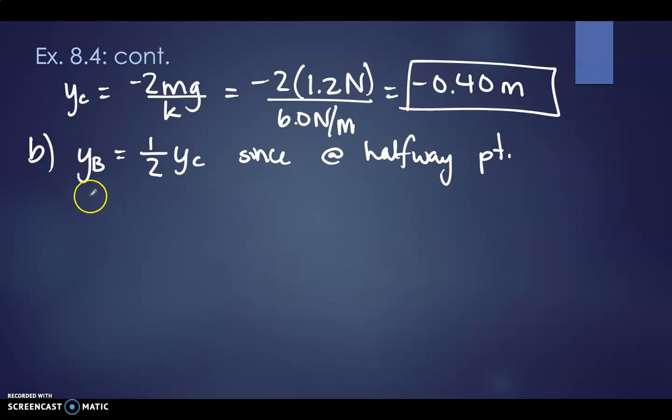So now what we'll have is u sub b. Since we're looking at the potential energy, we need to take into account our gravitational potential energy, mgy sub b, and our elastic potential energy, 1/2 k y sub b squared.